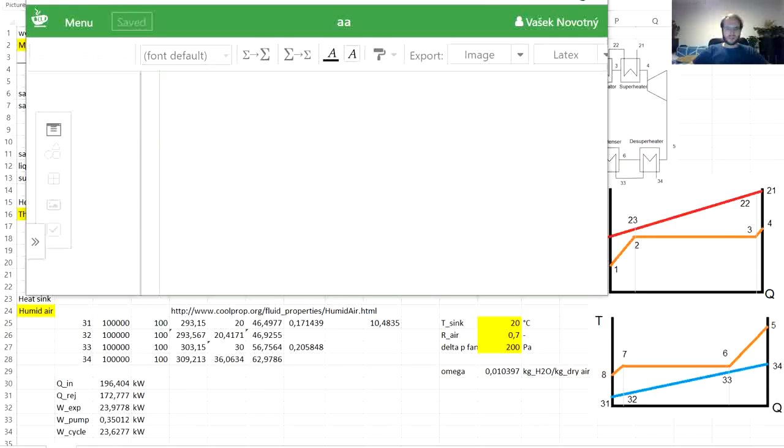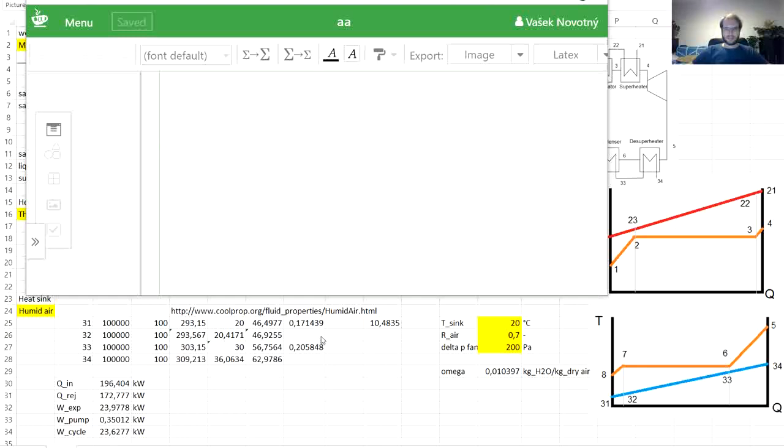So that was the work of the cycle, the thermodynamic work, and now when we want to get the net work of the system, we need to include the parasitic load, which in our case will be the required work of the fan.